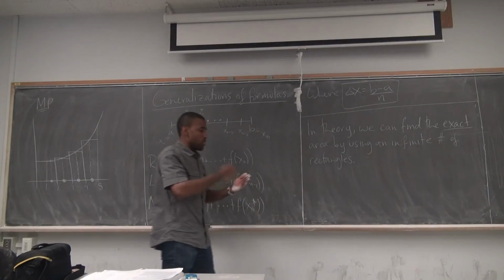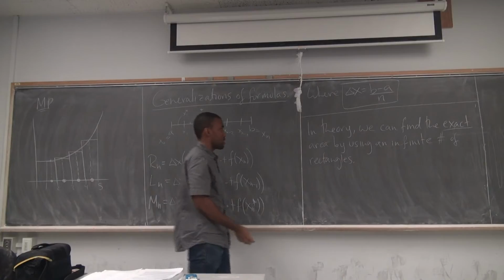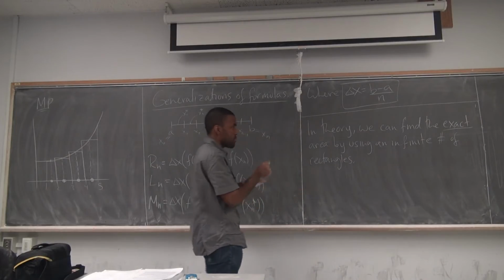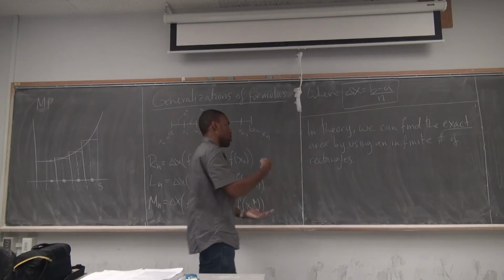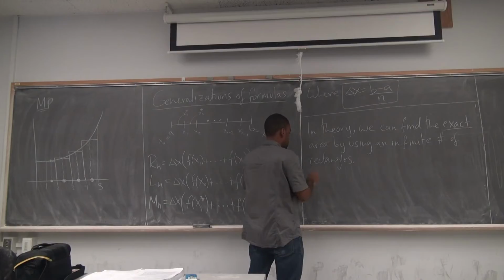Whenever I use a certain number of rectangles, there's always going to be some space missing. There's always going to be some error, right? And the idea is, the more rectangles I use, the more I fill in the gaps, and the more I don't overlap anything. I kind of fill in all the little spaces, and it becomes the exact area.